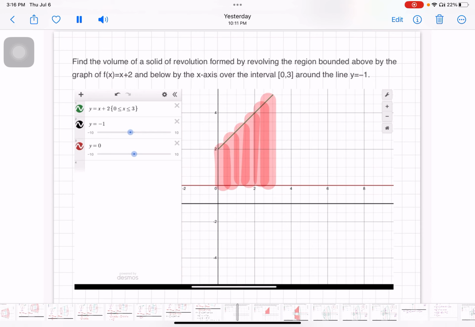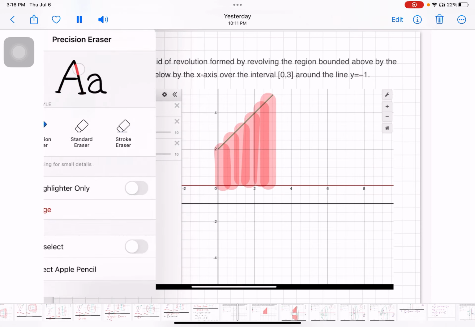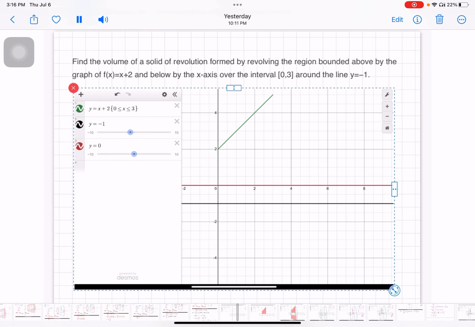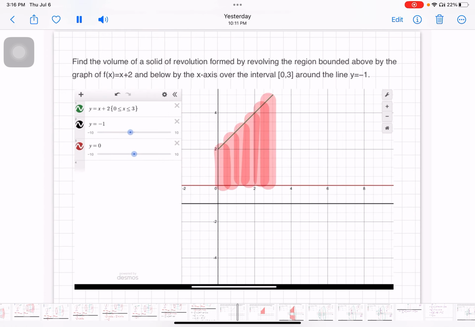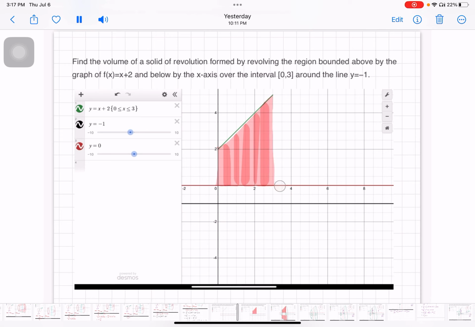So the region we have is this shaded portion. And then we're going to rotate it along the line y equal to -1, which is this black line.